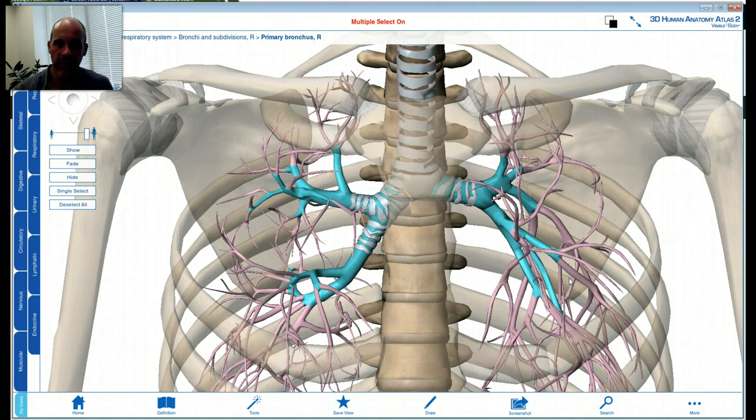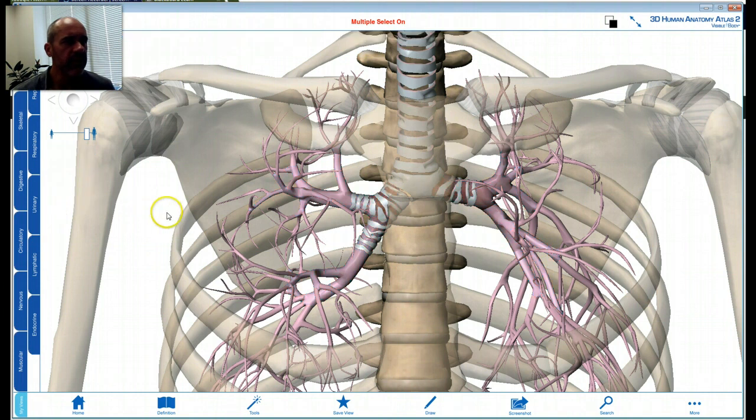So air passes down your trachea, and some of it's going to go left, some of it's going to go right. So you've got left bronchi and you have right bronchi. The singular form of bronchi is bronchus with a US on the end.